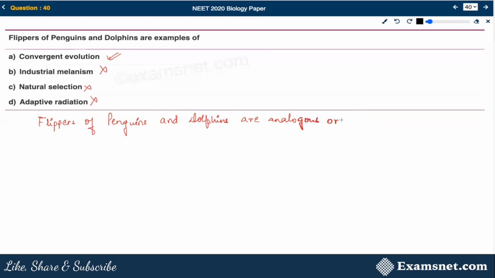Analogous organs lead to convergent evolution, while homologous organs result in divergent evolution. So analogous organs are the result of convergent evolution.